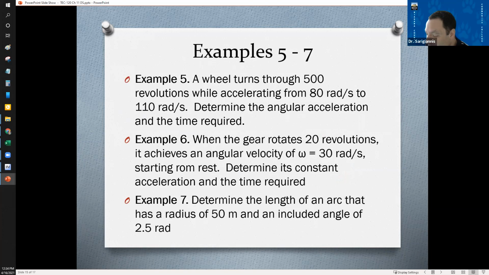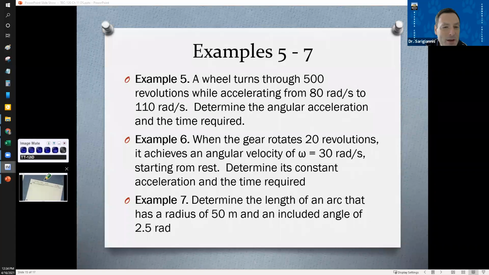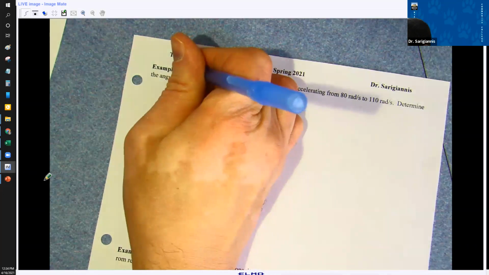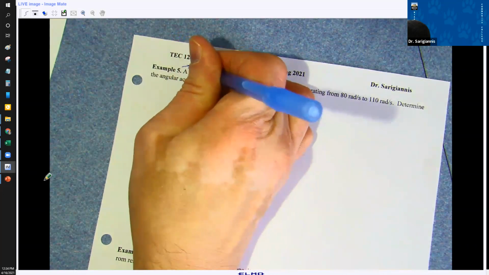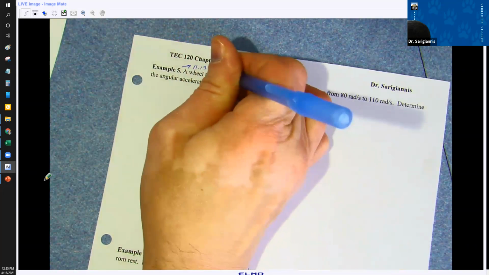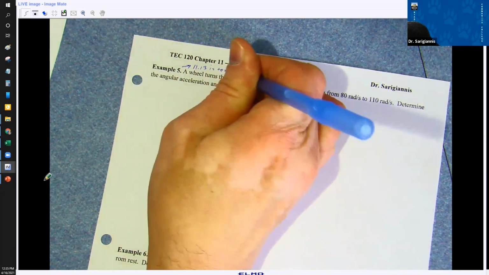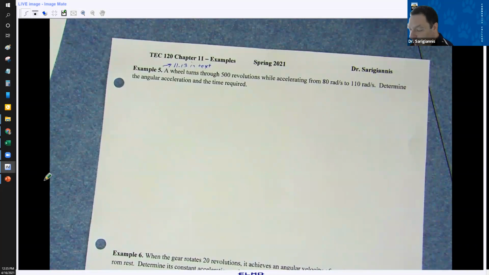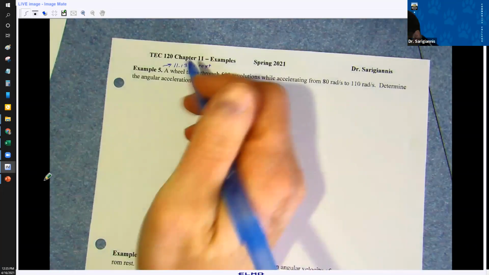So this is an interesting problem. I have a little note here; I believe this says problem number 11.13 in the text. So this is going to be similar to some of the homework problems.